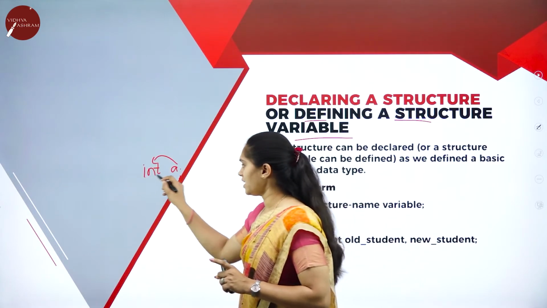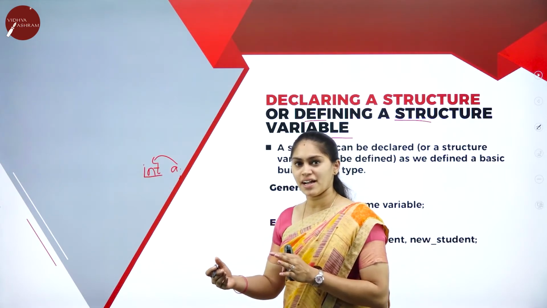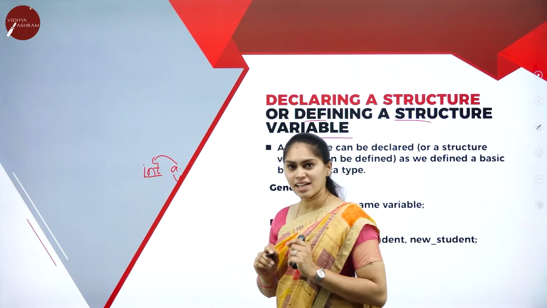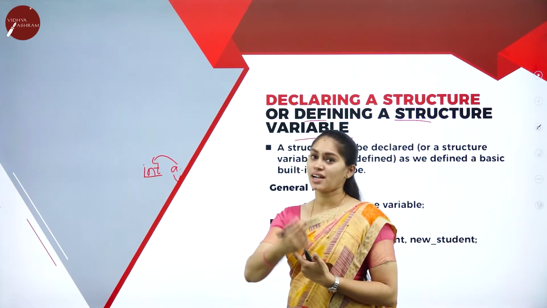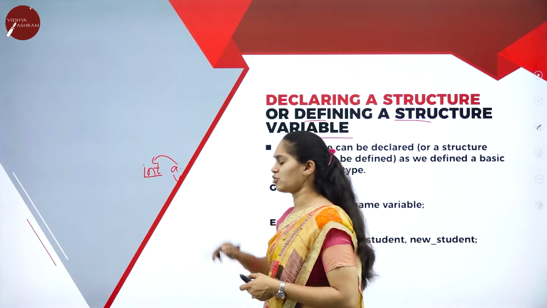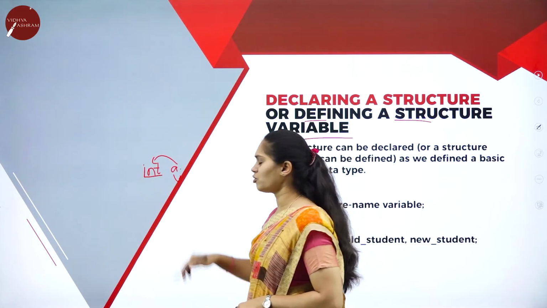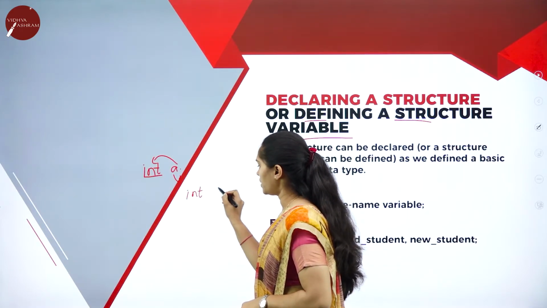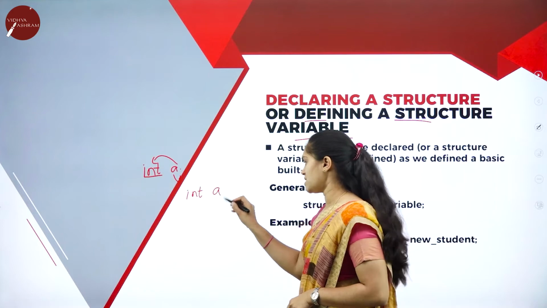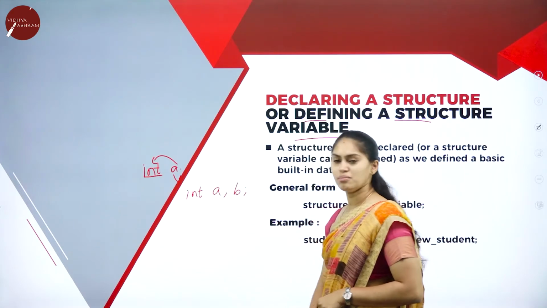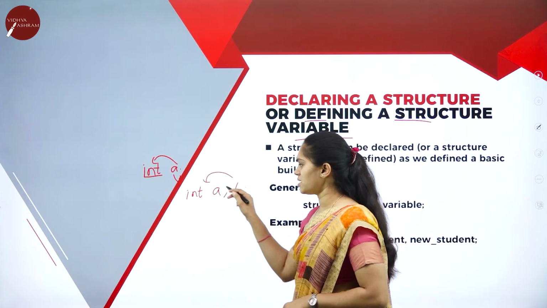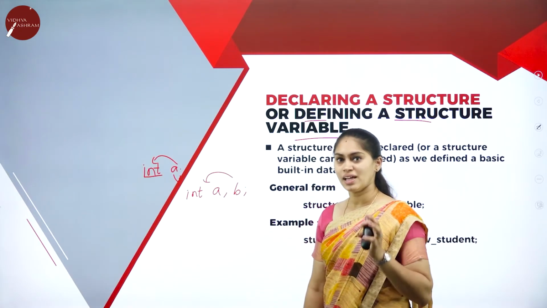So, in the place of a predefined data type, I write the name of a structure, then I take the name of a variable which is of the data type called structure, and I put a semicolon. What if I wanted one more variable called b? Then, instead of a semicolon after a, I put a comma, followed by b, and at last a semicolon. That means a and b are 2 variables which belong to the data type integer.